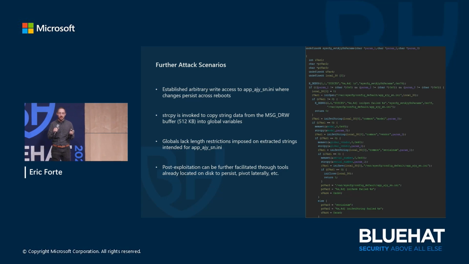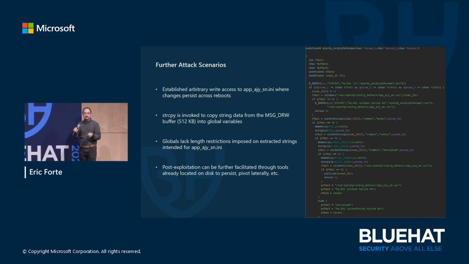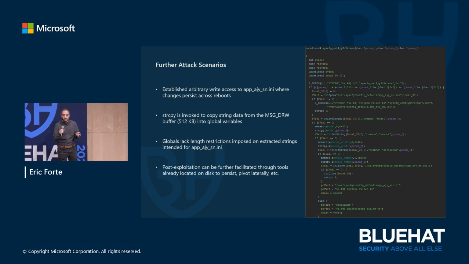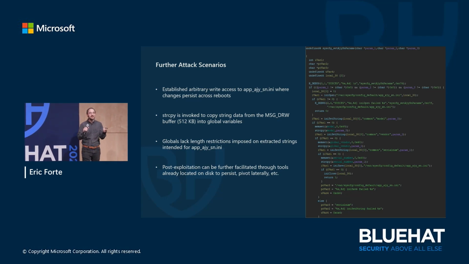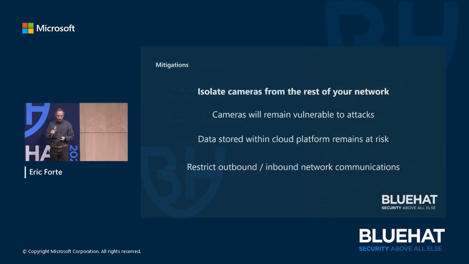But the string copy that's being invoked from the message DRW buffer can take 512 kilobytes into global variables. And these globals lack any length restriction imposed on the extracted strings intended for that INI file, so post-exploitation can be further facilitated from tools already on the box, such as potentially some reverse TTY connections, to pivot laterally, persist, etc.